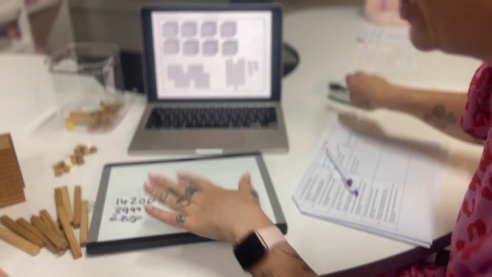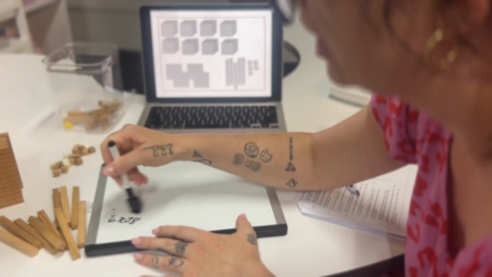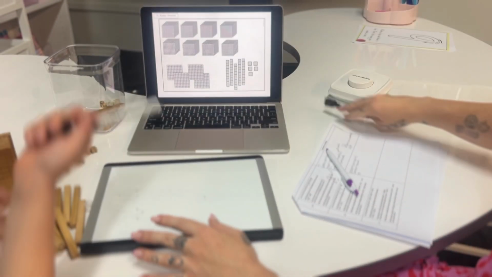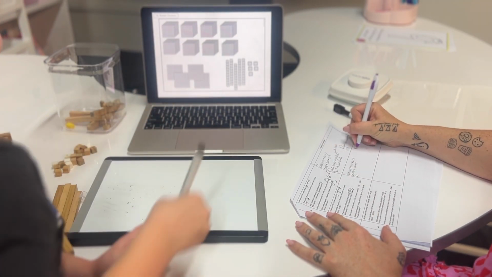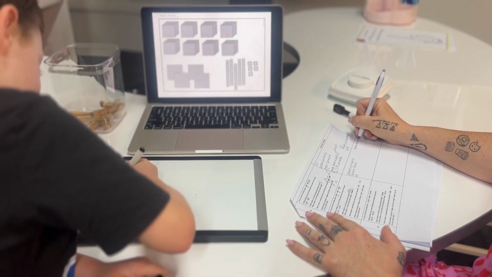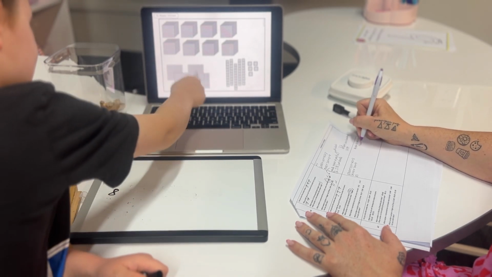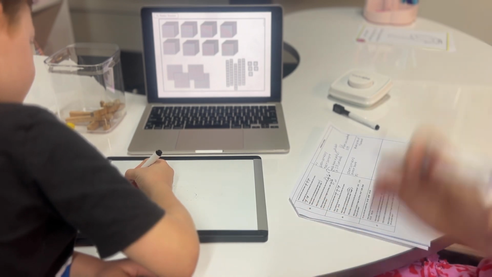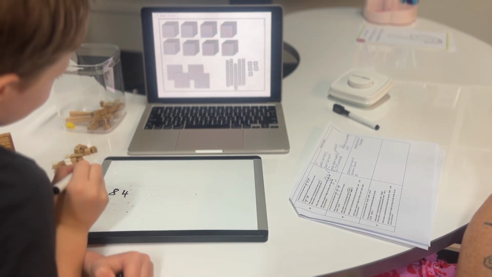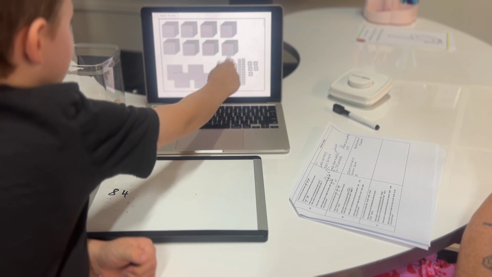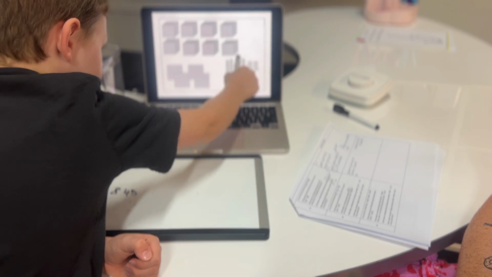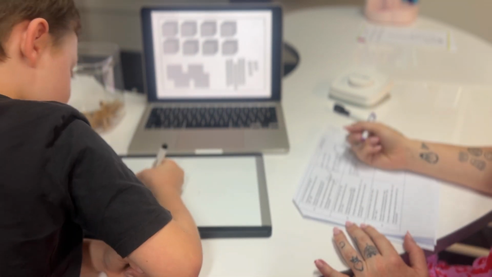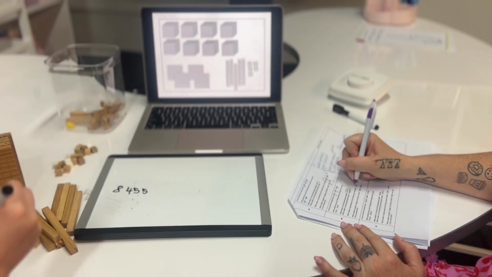Now, how many is here? Ooh. And you can write it down to help you as well. That's totally fine. Yeah, because there's a lot of numbers to remember. There you go. 1, 2, 3, 4, 5, 6, 7, 8. 8,000. 1, 2, 3, 4. 400. 1, 2, 3, 4, 5. 8,455.